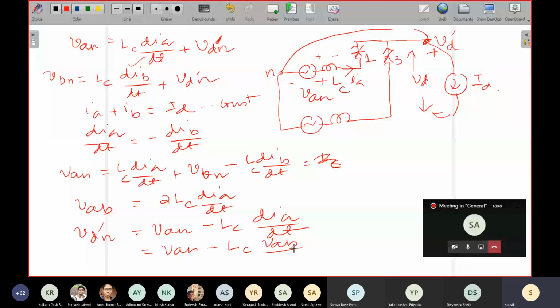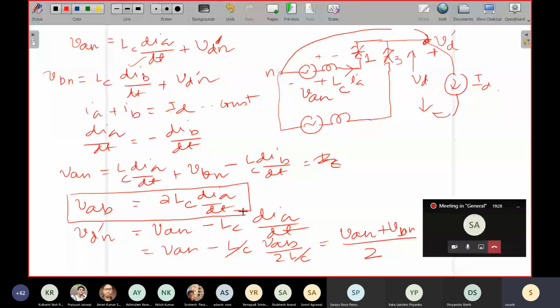So this cancels, which is nothing but VAN plus VBN by 2. Correct? I have reduced the number of variables quite a bit, and I have found this one. Now I have to find out what I is. This is the equation I will use to find I.